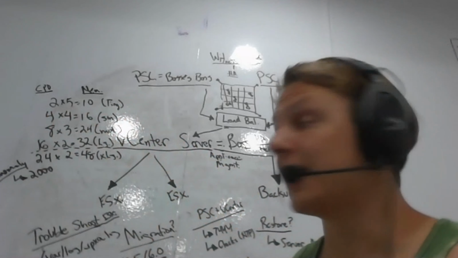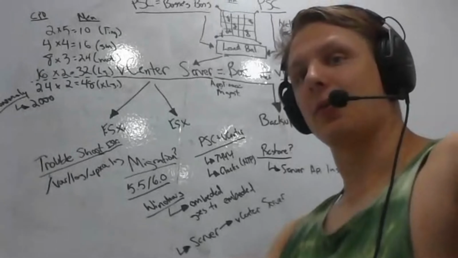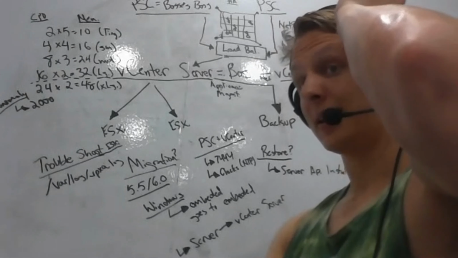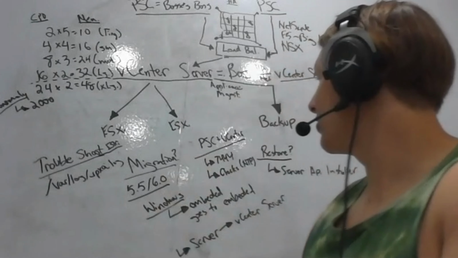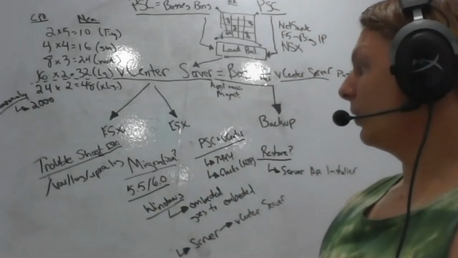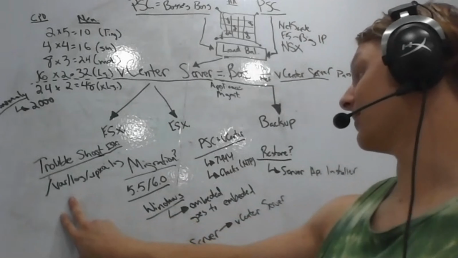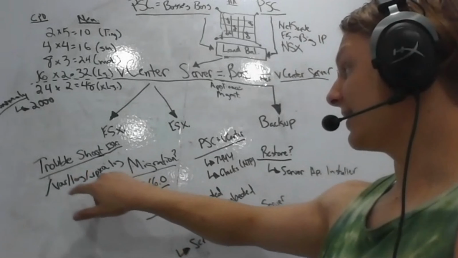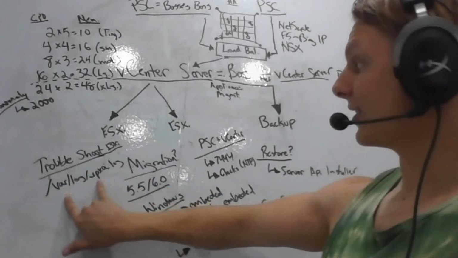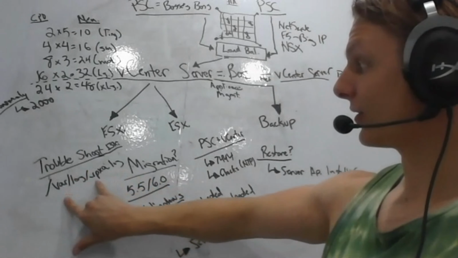So now we're going to move our way down the whiteboard here into troubleshooting with the ESXi. You're just going to have to remember this one. So within the ESXi, there's a log that you need to look into if you're troubleshooting.